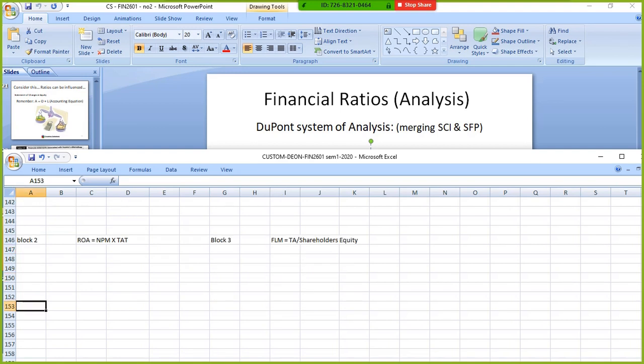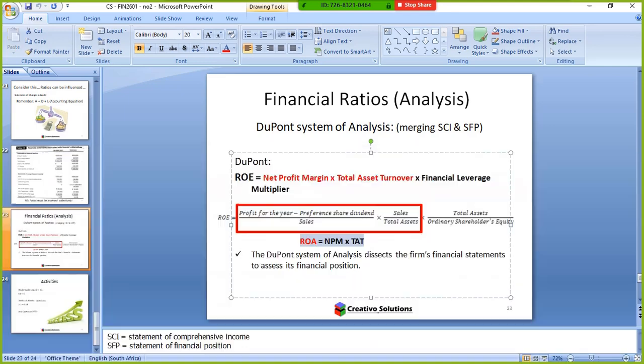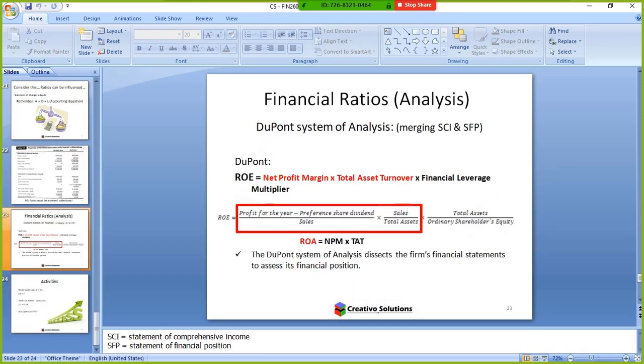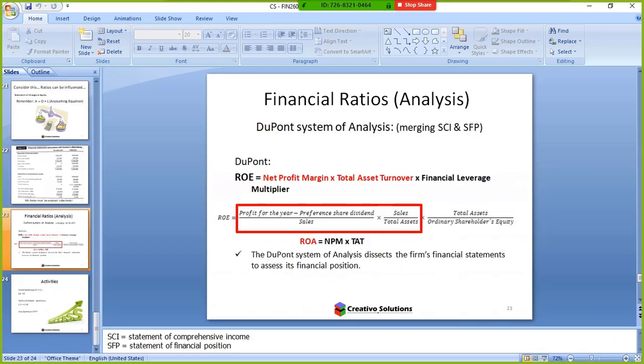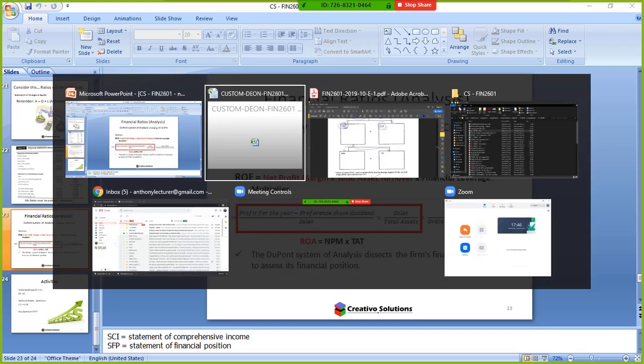This is just to test if you can read all of these things. You just need to apply the formulas. Net profit margin, profit for the year divided by sales. No preference dividend, unless there's one, then you'll include it. What is the other one? Total asset turnover, sales over total assets.